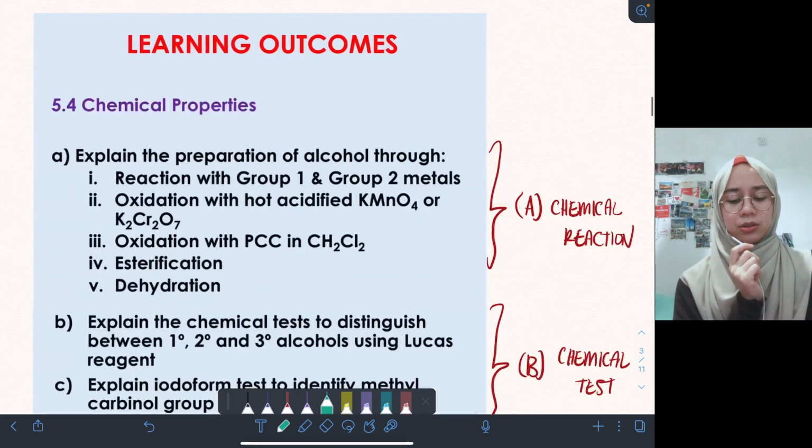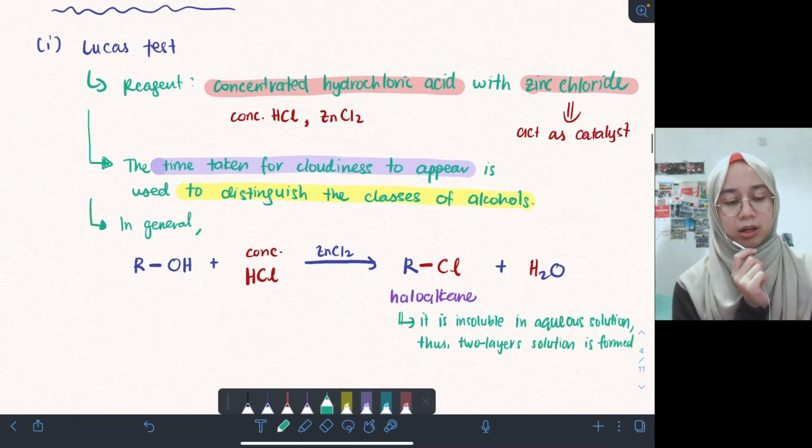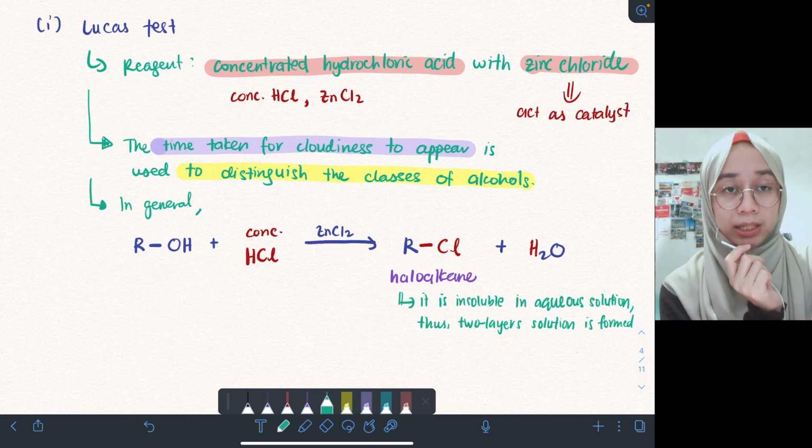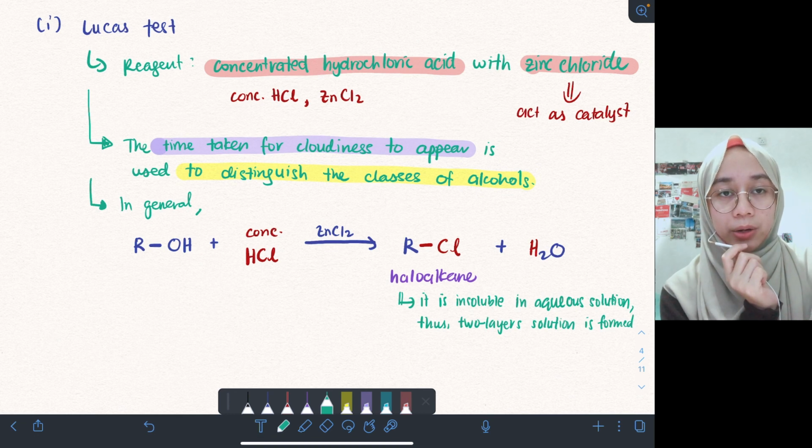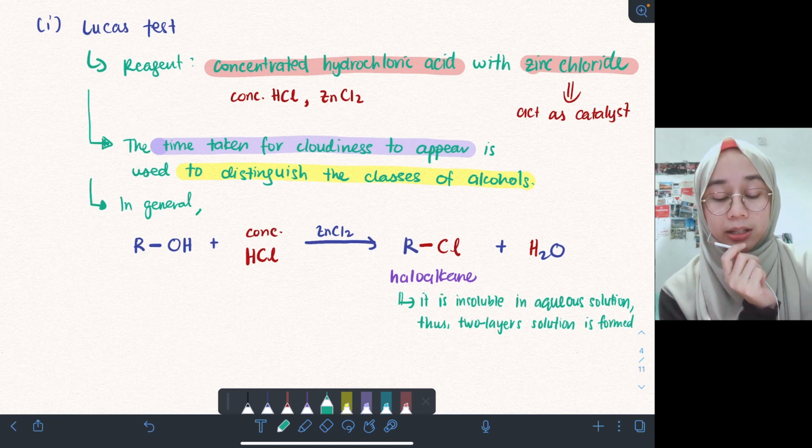Tapi usually the 2 layers actually, kalau nanti tengok Lucas test ni nanti, it's not that obvious actually, tapi kamu kena tahulah the cloudy thing is basically the haloalkane. Benda yang appear tu adalah haloalkane sebenarnya, specifically chloroalkane yang appear tu.